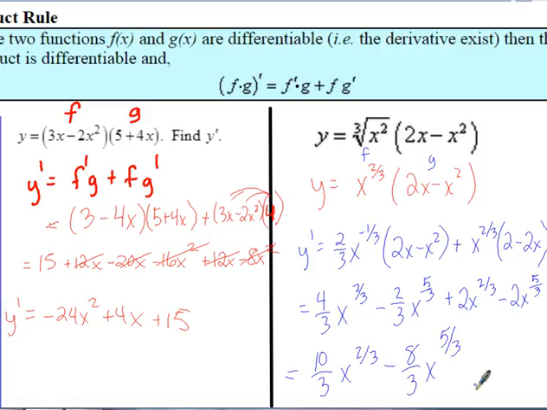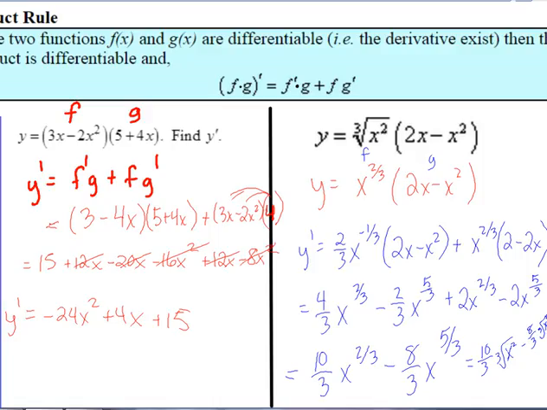Again, we need to get good at fractions. We need to be very good at fractions. Last thing, put it back how it was. I still keep seeing a lot of this mistake here. Am I going to send this to the bottom? Why not? It's not negative, so it's fine. So it's just going to be 10 thirds cubed root of x squared minus 8 thirds cubed root of x to the fifth.